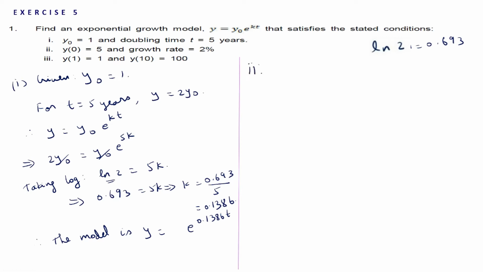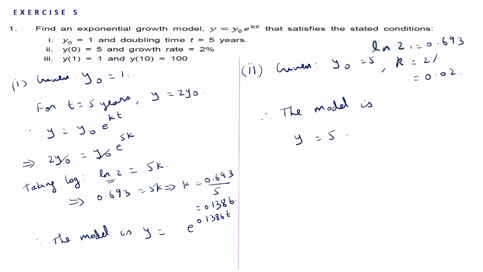So for the second subdivision, given y naught equal to 5 and k equal to 2%, which is 0.02. Therefore the model is y is equal to 5 into e raised to 0.02 t. So this is the model.